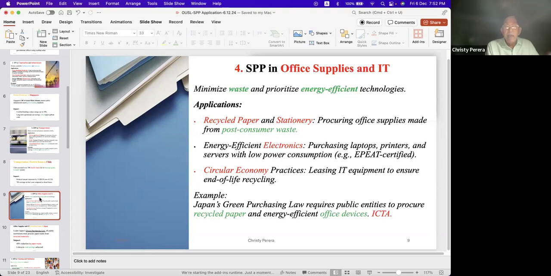But there is one section called circular economy. We have used it in ICTA. Maybe some other places are also doing the same thing. But ICTA, I was there about 15 years.